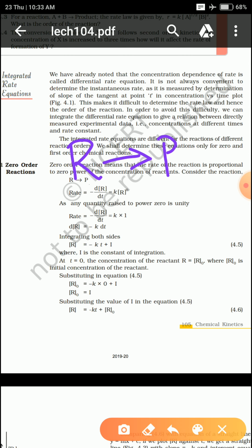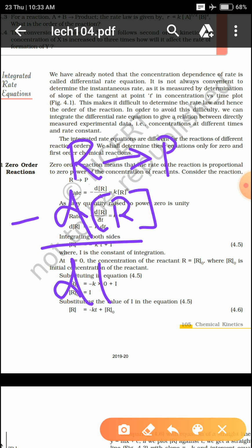Now if we write the rate of this reaction, we can write it as minus d concentration of R divided by dt equals, according to the rate law, the rate constant into the concentration of the reactant.